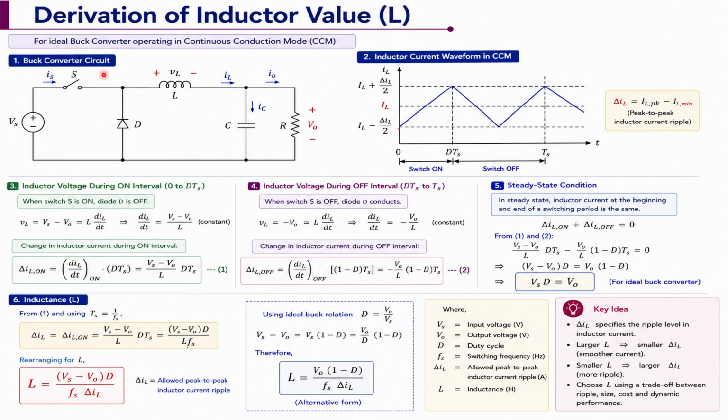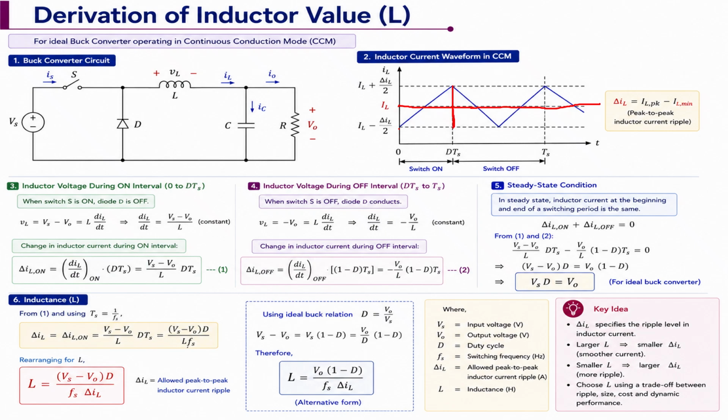Here is our circuit diagram of the buck converter, and this is the waveform of the buck converter. Delta IL is the peak to peak value, from here to here. This is the average value of the inductor current, IL.